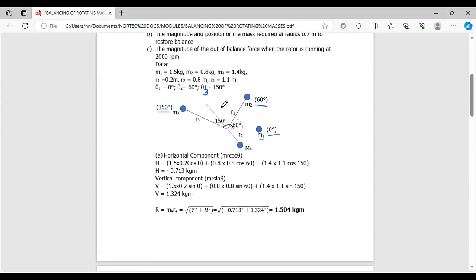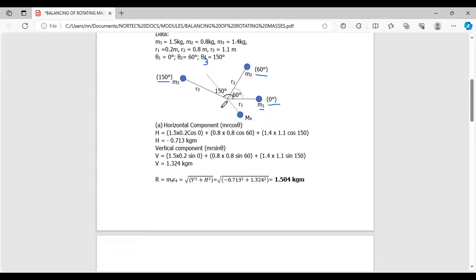Then we start with the horizontal component, which involves cos. Meaning, I multiply M R cos theta for each of the three masses.